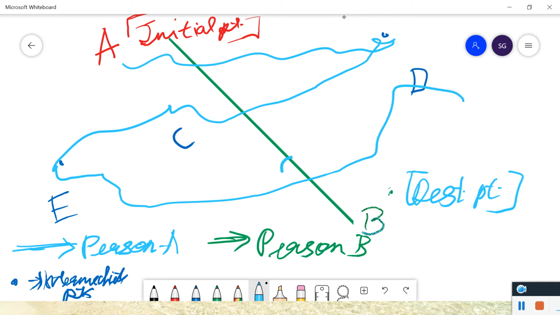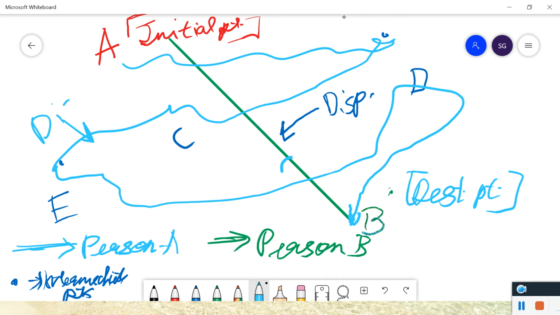He covered all the points and finally reached there. So this green line that person B has followed is known as displacement, and this line is known as distance.